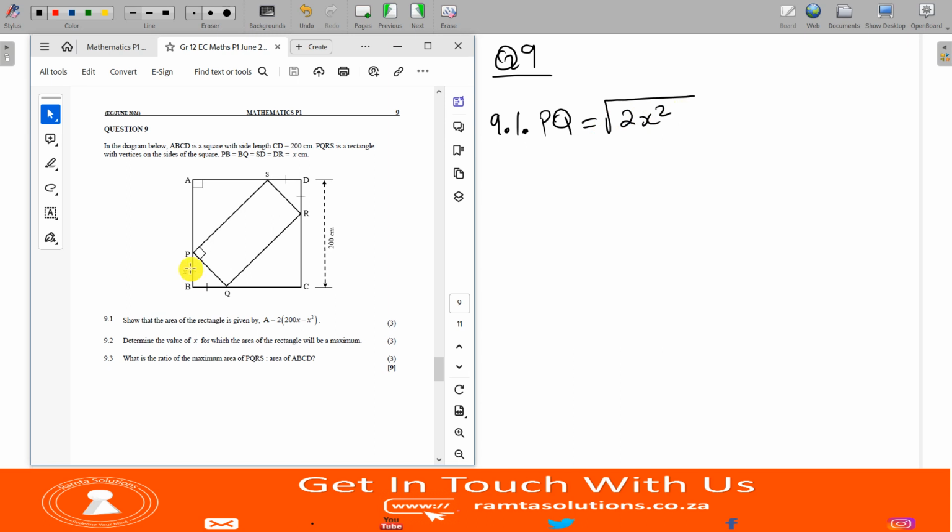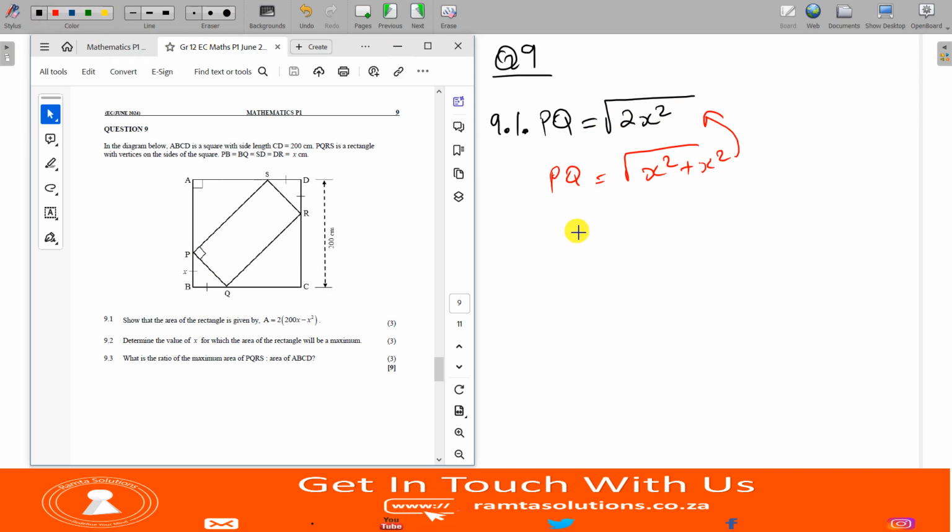Guys, this is Pythagoras. I'm saying PQ is equal to the square root of PB squared, which is x, plus BQ squared, which is also x. Hence, I'm saying this. Okay, perfect.